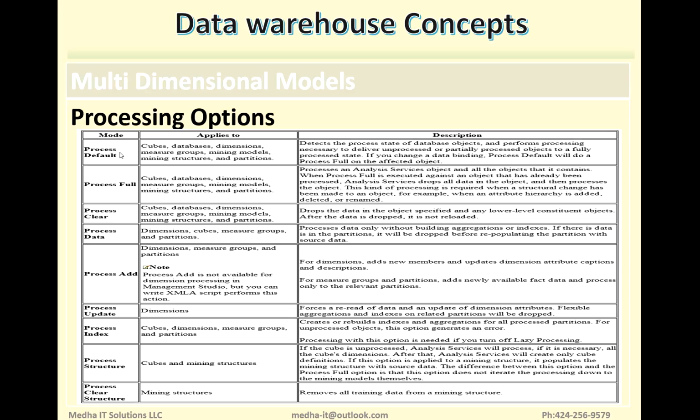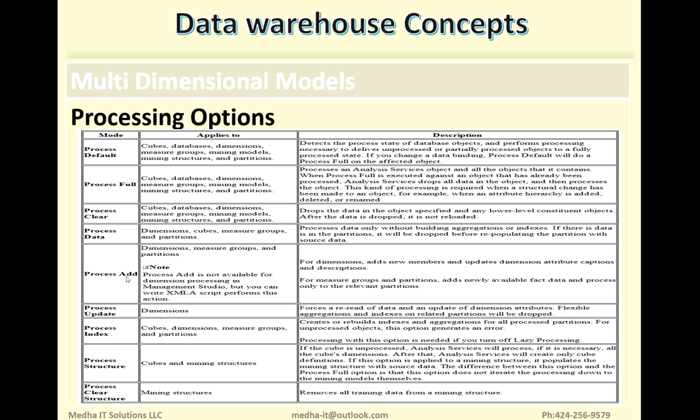So, in that case, Analysis Services picks process update, which basically scans through the existing data and the new data to see if there are any changes to the existing data versus any new data. It has to do all that. But when you know exactly that there won't be any changes to the existing data, you do not want to do process update, you can just pick process add.